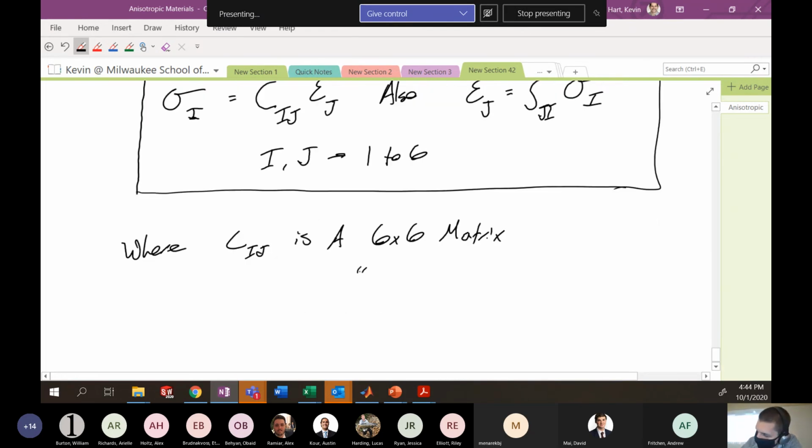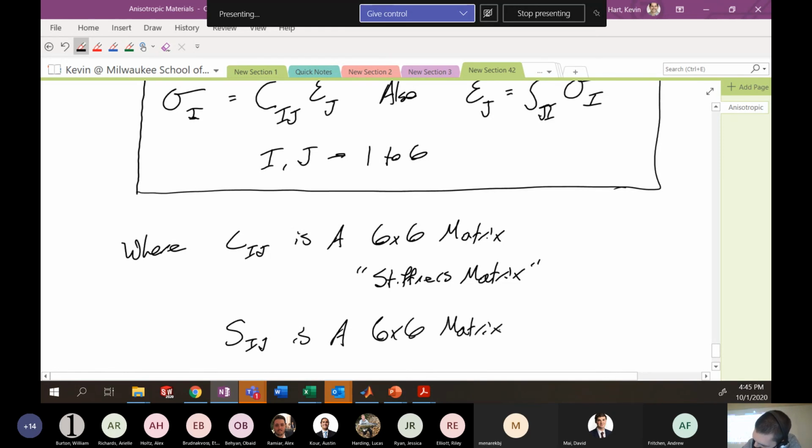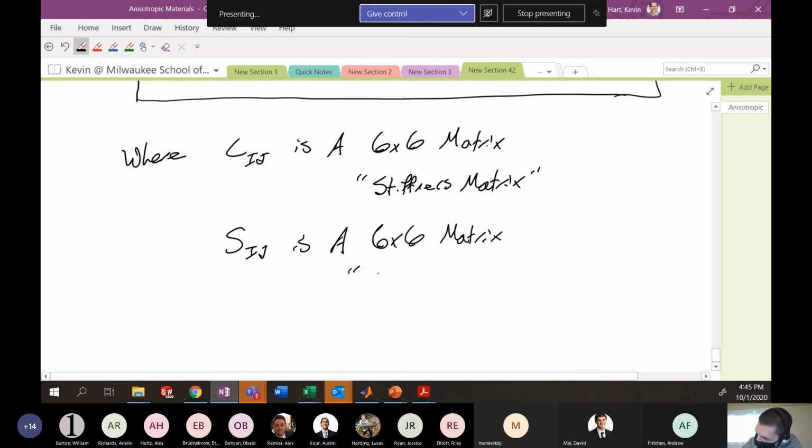This is known as the stiffness matrix, and S_IJ is also a 6x6 matrix known as the compliance matrix. I find it quite ironic that capital C is used to represent the stiffness matrix and capital S the compliance matrix, which is kind of funny to me.